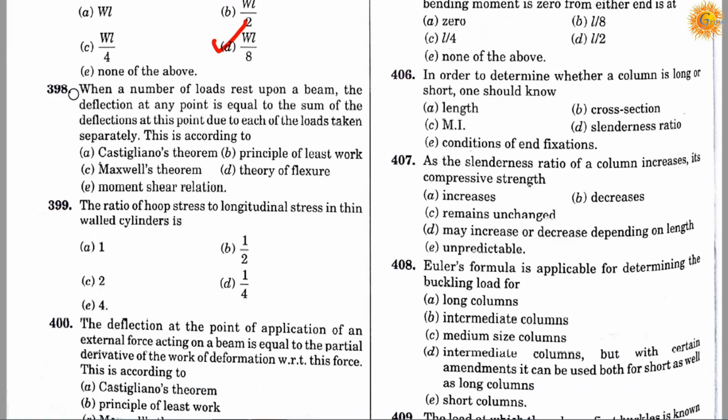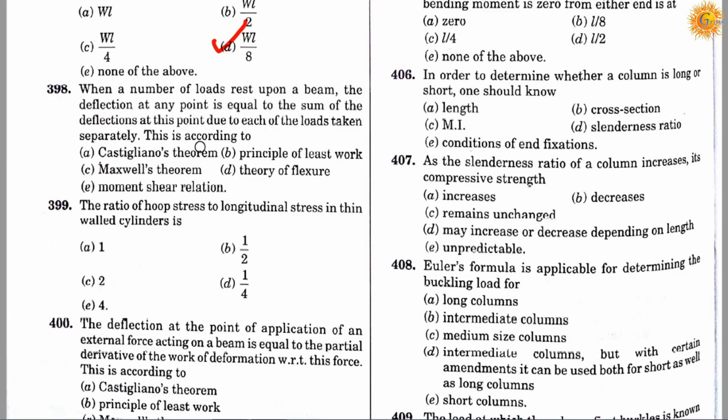Question number 398. When a number of loads rest upon a beam, the deflection at any point is equal to the sum of the deflections at this point due to each of the loads taken separately.